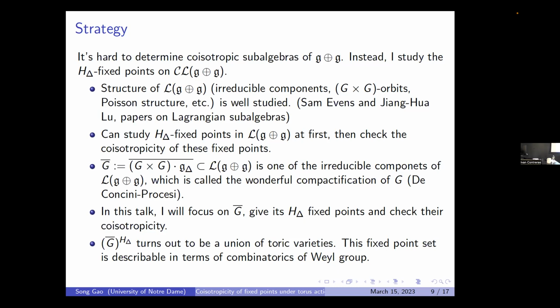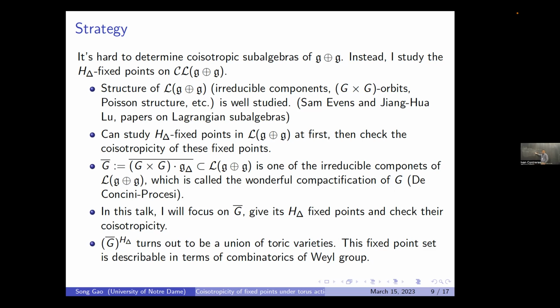So there is a torus action on this variety. What I want to study is the fixed points of this torus action. In fact, this is equal to the torus fixed points in the variety of Lagrangian subalgebras intersected with CL of G plus G. So to study this set, I can first look at the H diagonal fixed points inside this variety.